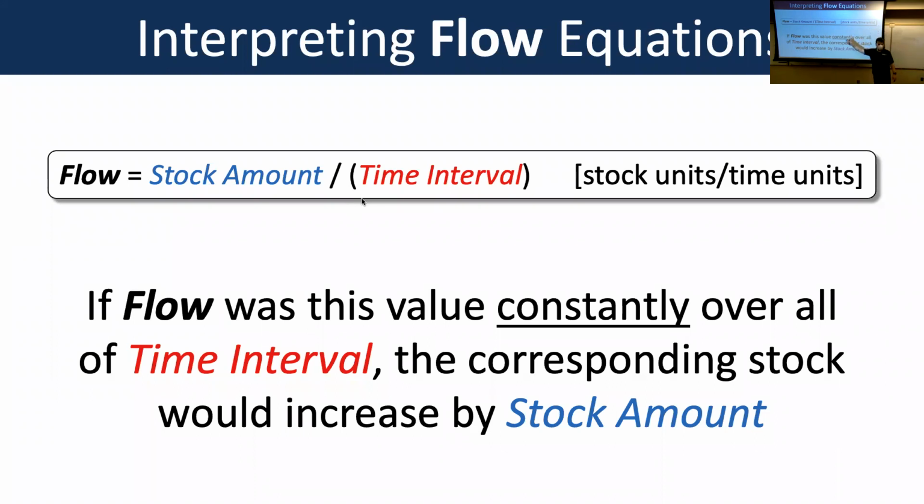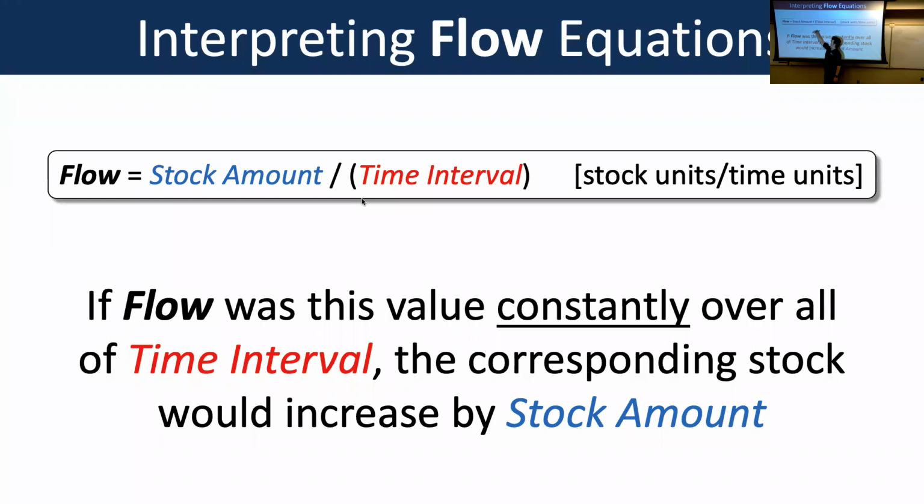So if our stock is in units of gallons, our flow might be in gallons per second. And you can say, well, how do we conceptualize this? The flow is the instantaneous rate of change of the stock. What that means is if this rate of change were maintained forever without any change, then in this time interval, the stock would increase or decrease by this amount.